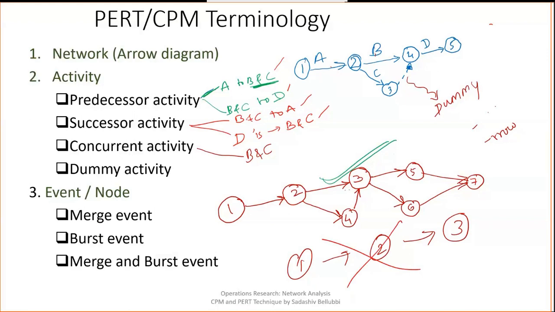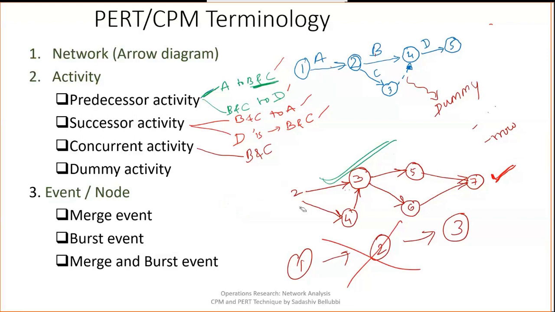While starting from the unit itself, you need to practice with this method. This is the way you need to draw, so that you can score good marks. It clearly indicates that from here the activity is starting, and from here it is finishing. So that is how to draw the network.